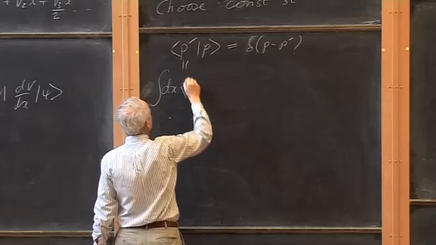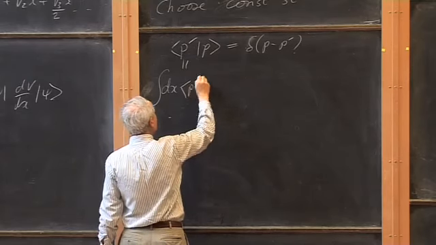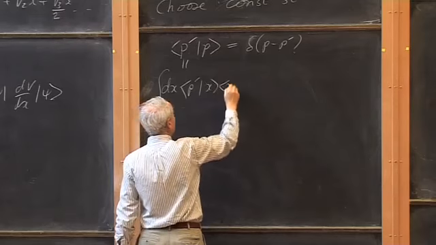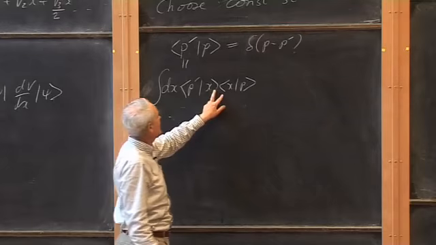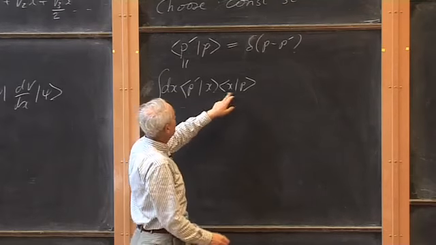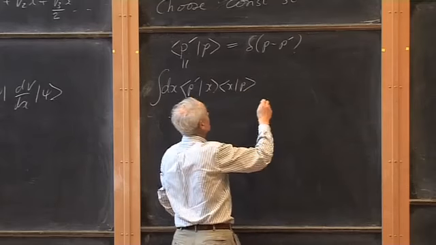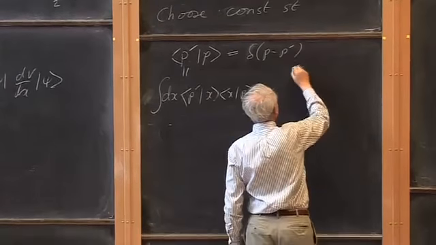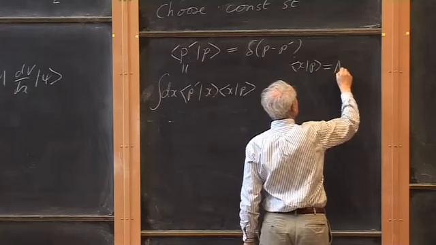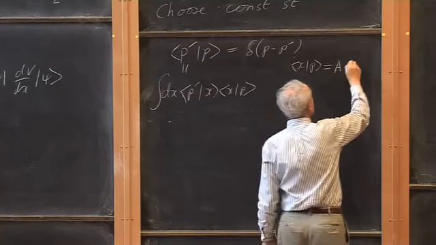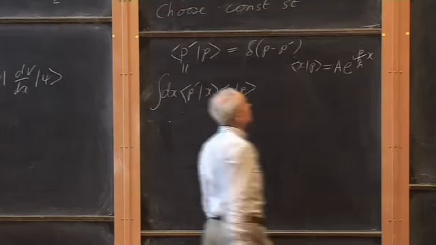So this thing here is equal to p primed x x p, right? That's just sticking in an identity operator. And we're going to say that x p is equal to some normalizing constant a times e to the i p over h bar x, right?